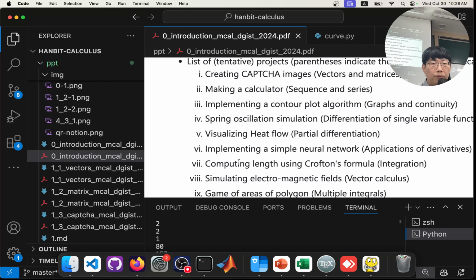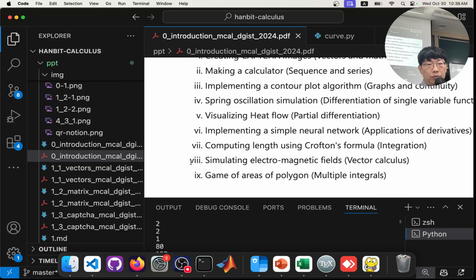So I have 7, and then project 8 and 9. I don't have a prototype for project 8, and I also want to change the title a little bit. It's about the Maxwell equations, and you will probably learn from next week about integration and vector fields.